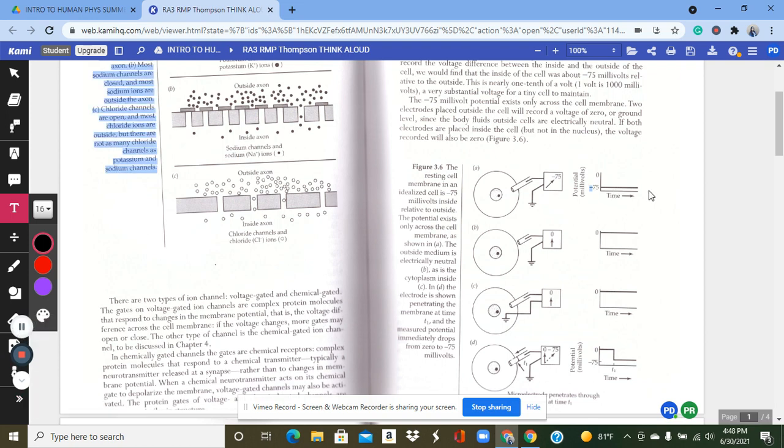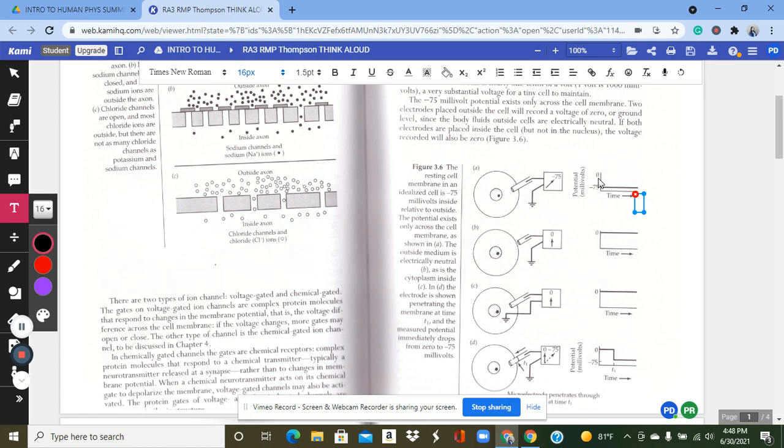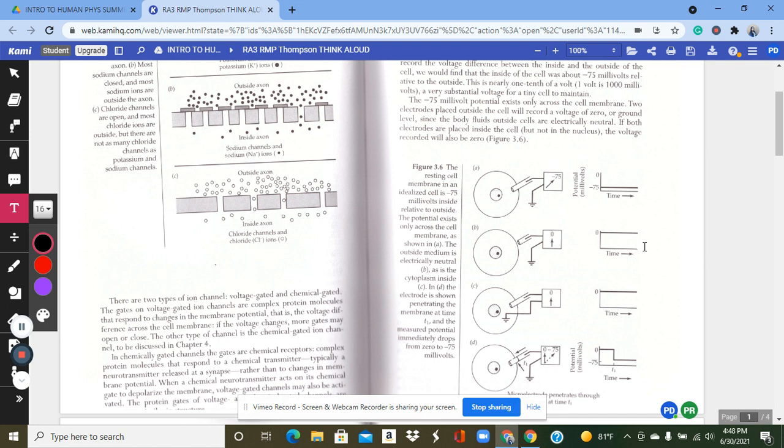I'm not sure how to interpret this graph right here, but I might look that up later.